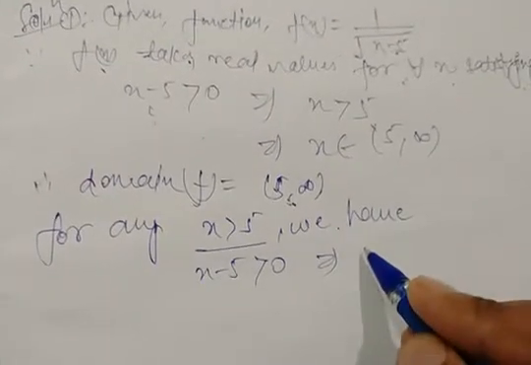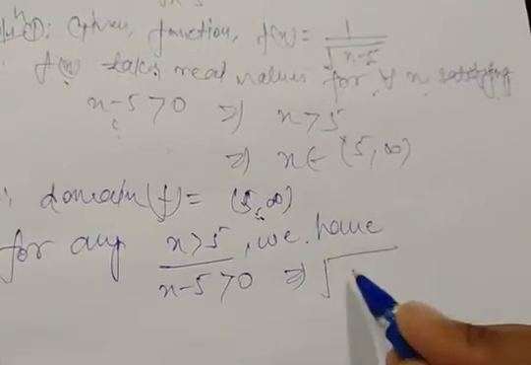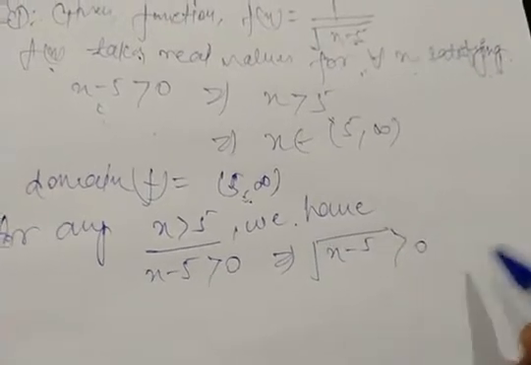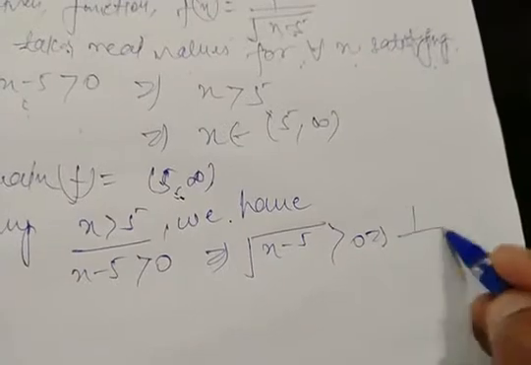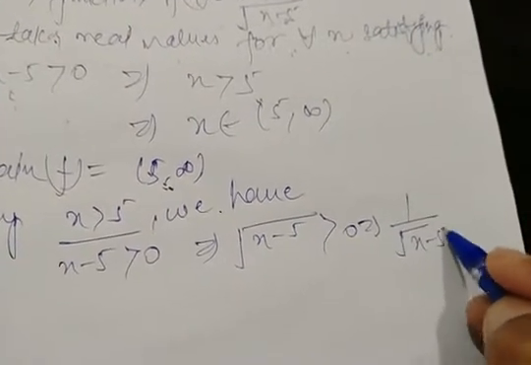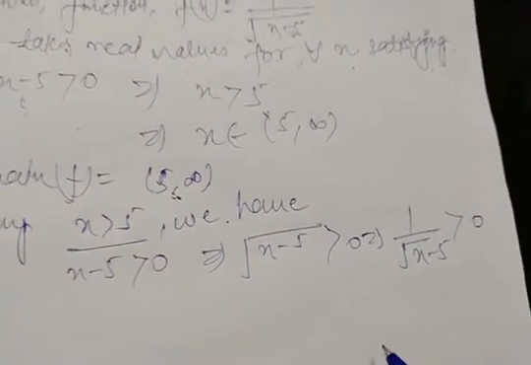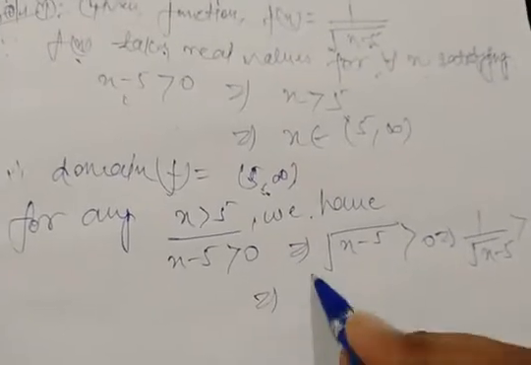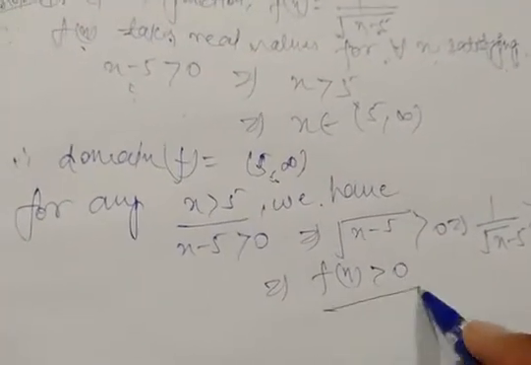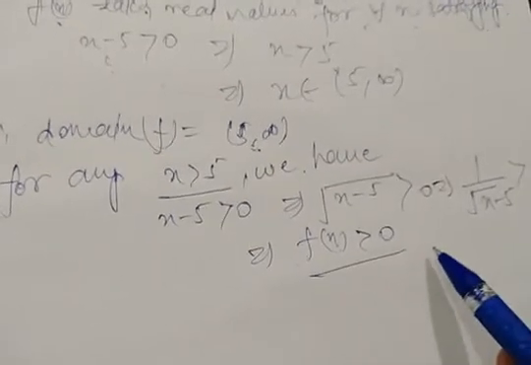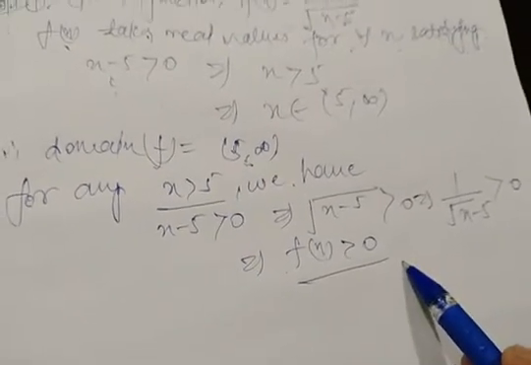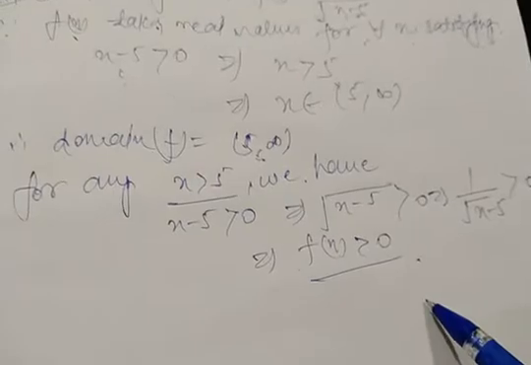This also implies under root x minus 5 is also greater than 0. This implies that 1 upon under root x minus 5 is also greater than 0, that is f of x is greater than 0.